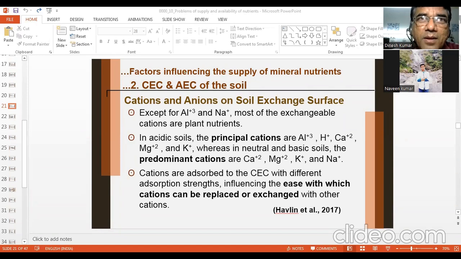hydrogen. But interestingly, many times I see that hydrogen is more strongly adsorbed than calcium, than magnesium, than potassium. Although its charge is just 1+, and calcium has 2 charges, magnesium has 2 charges, this hydrogen is attached more strongly than those cations having 2 charges. What is the reason? Can anyone tell me?